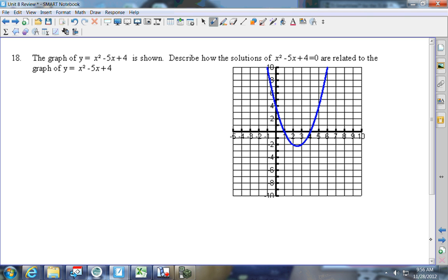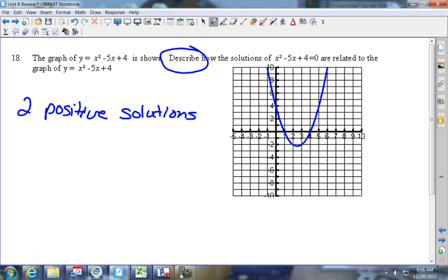Number 18. It says describe how the solutions are related to the graph. Okay, so here's the graph shown. There are 2 solutions, and there are 2 positive solutions. Now, wait a minute. How do they relate to the graph?